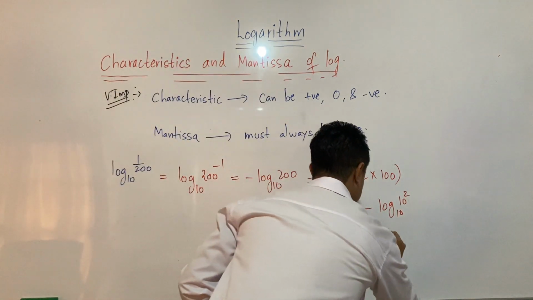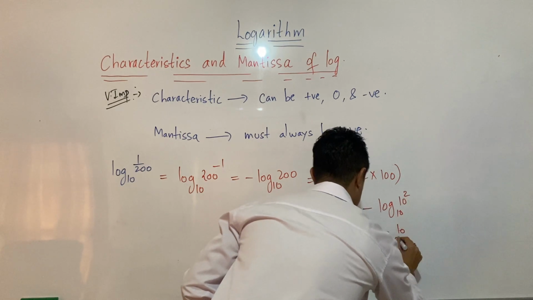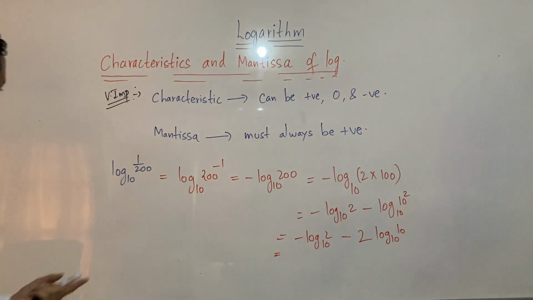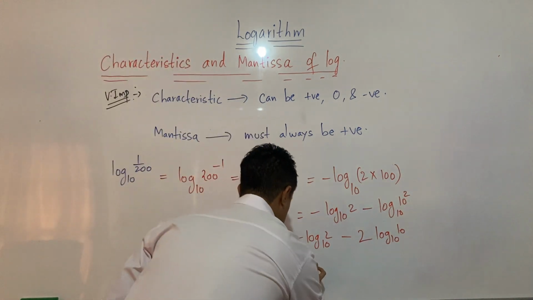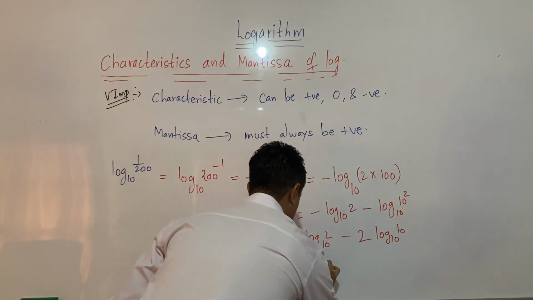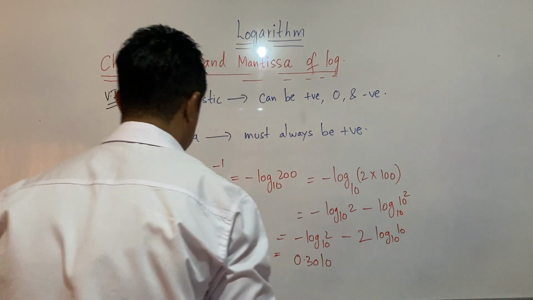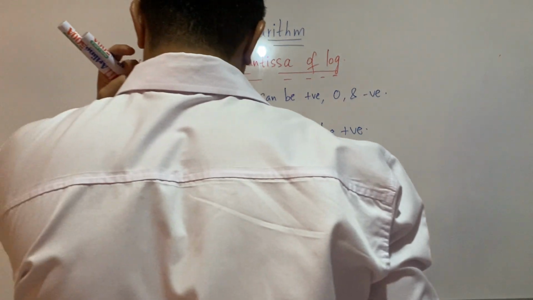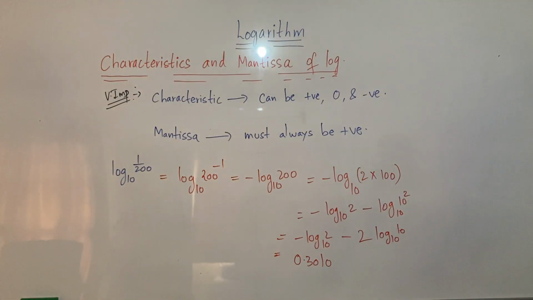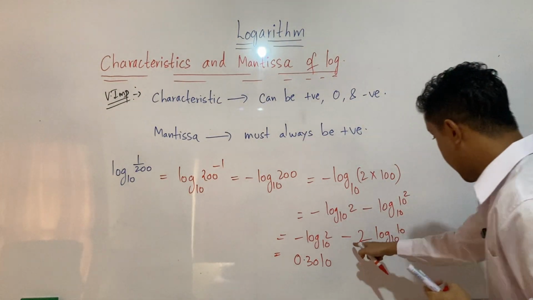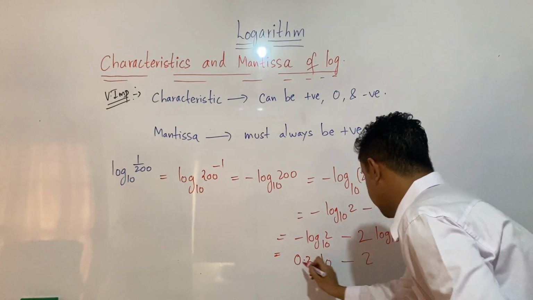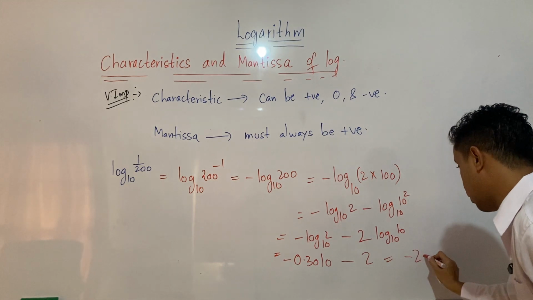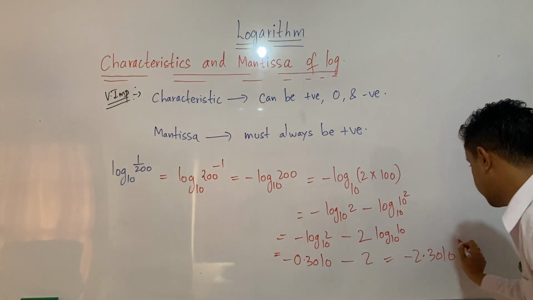Here we have log of 10 to the base 10. We know the value of log 2 is 0.3010, and here we have minus 2, so it's going to be minus 2.3010.